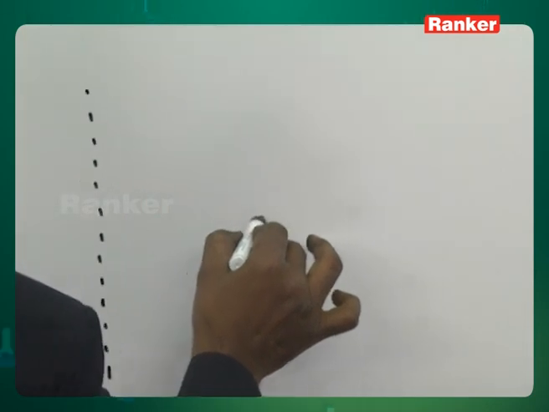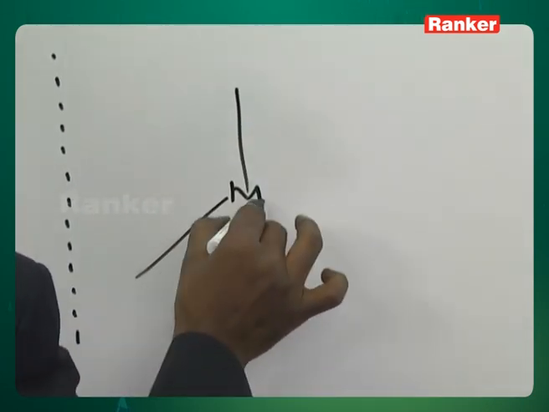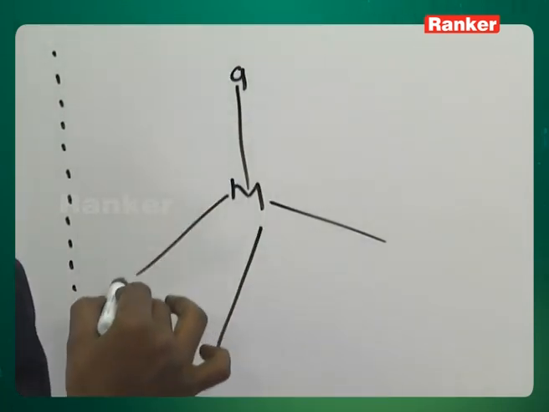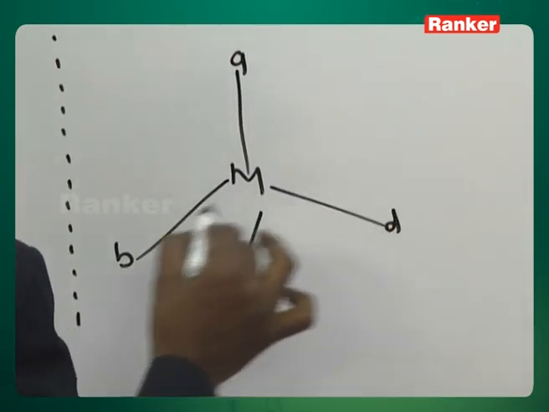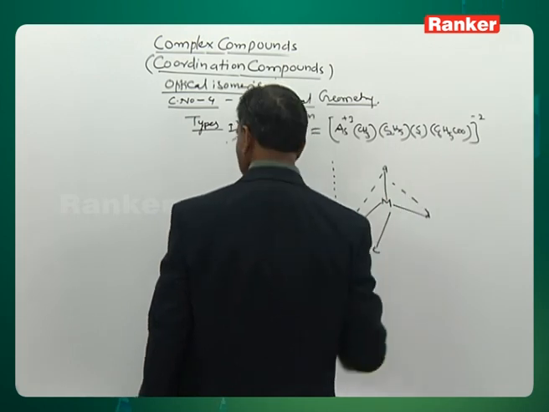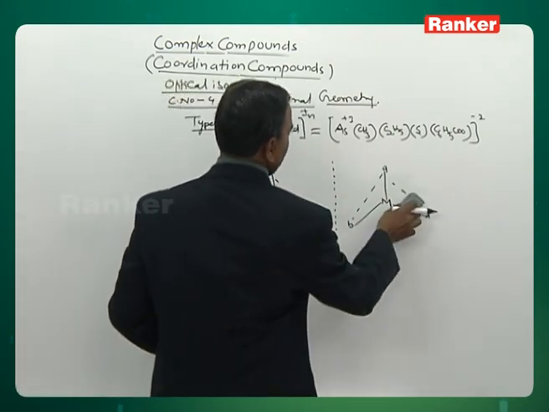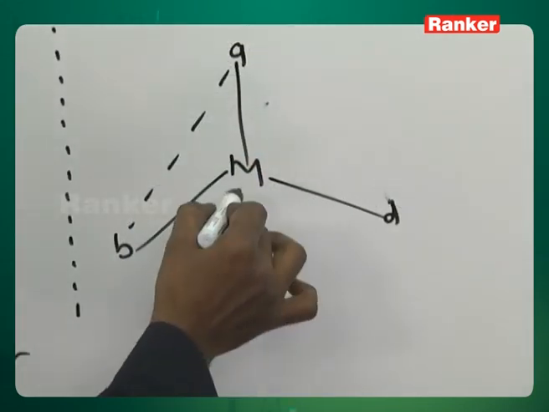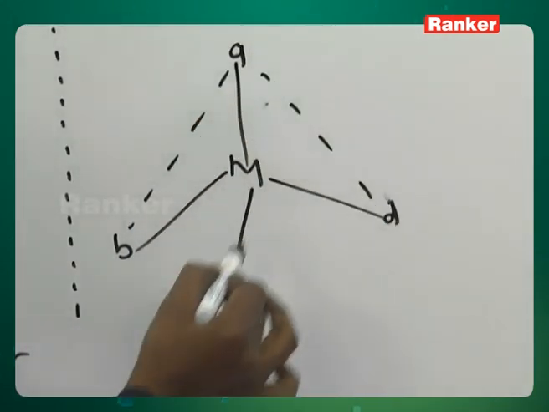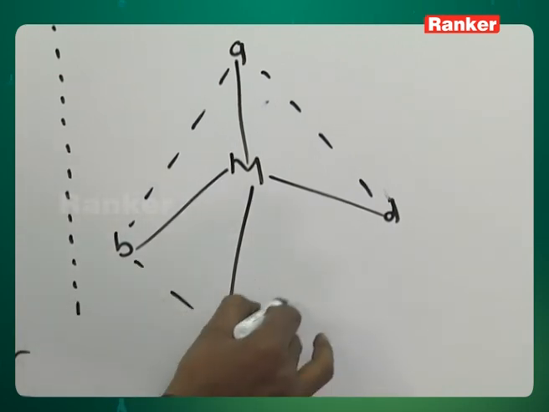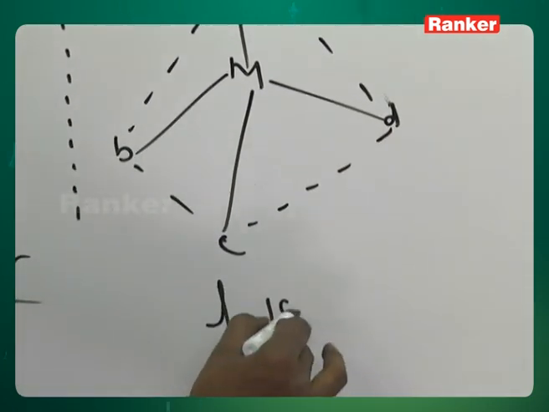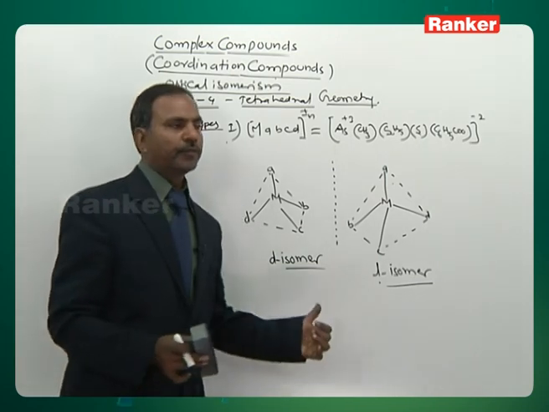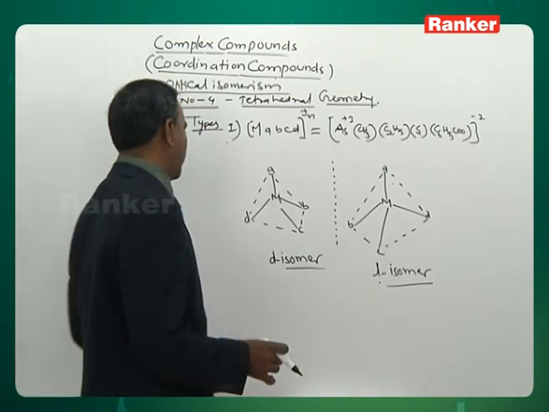Then take the L isomer: A, B, C, D. One is the D isomer, the other one is the L isomer. This is tetrahedral geometry with only monodentate ligands.